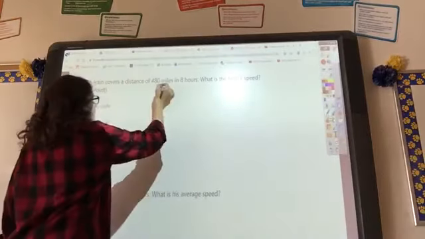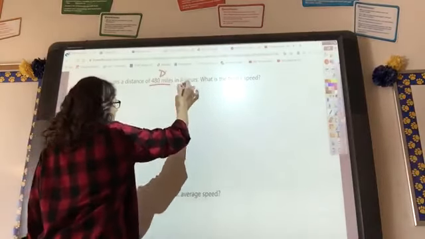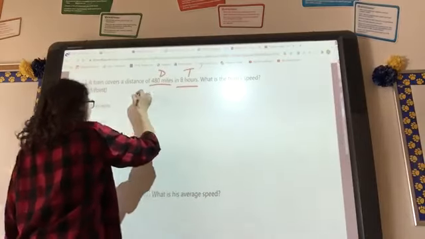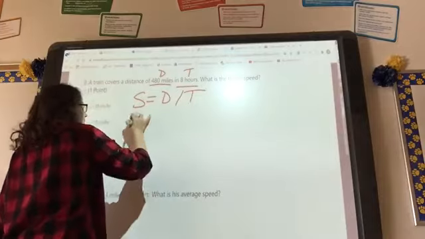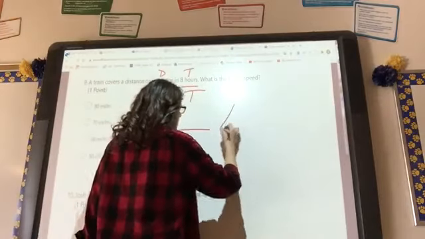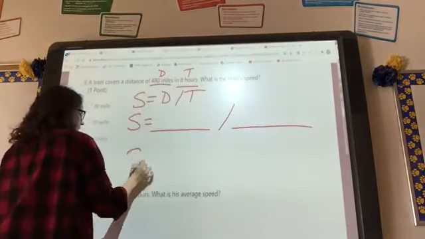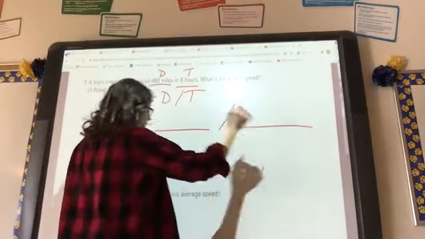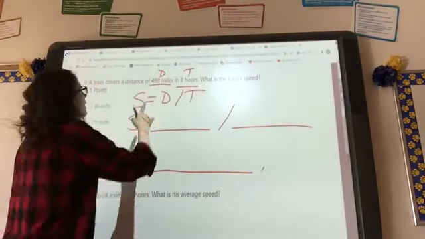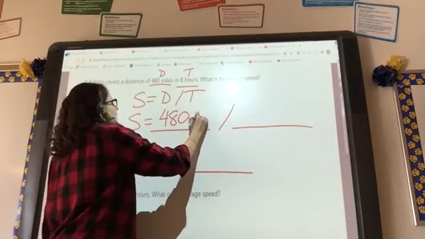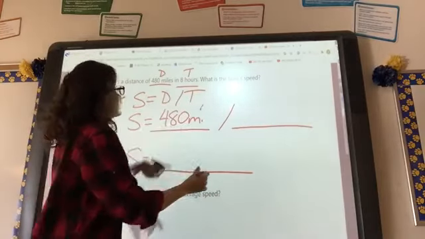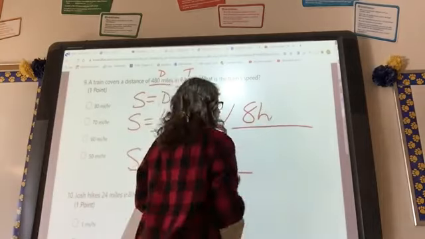Okay? 480 miles is our distance. 8 hours is our time. Speed equals distance divided by time. Speed equals, there's our distance, there's our time, and here's where we'll write our answer. Okay? So, our distance, 480 mi for miles, 8 h for hour.